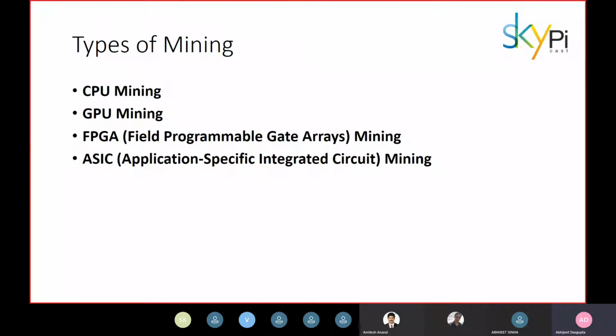So this advent of GPU mining pretty much made CPU mining obsolete.